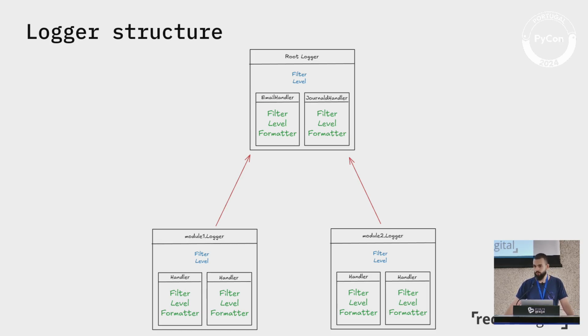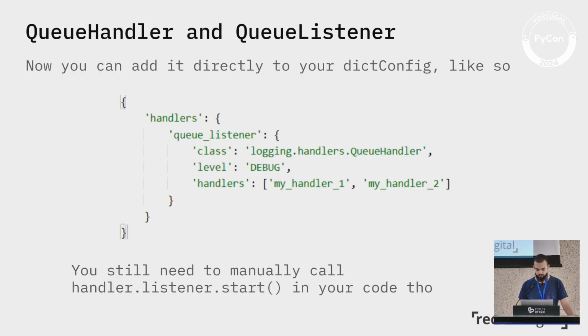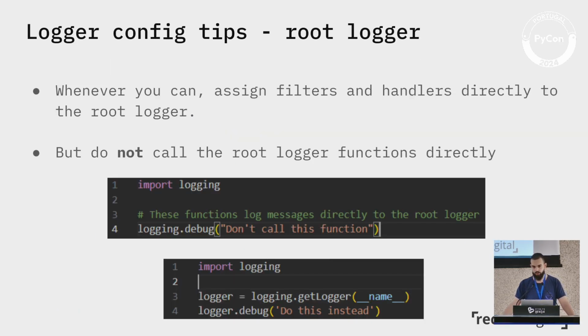Maybe it's arguable that you want this, but I think you do. I don't think it's good to have 90% of your logs as JSON and then a library logging a string somewhere. It would be very, very hard to track. So you also get that by assigning things directly to the root. That's my first tip.